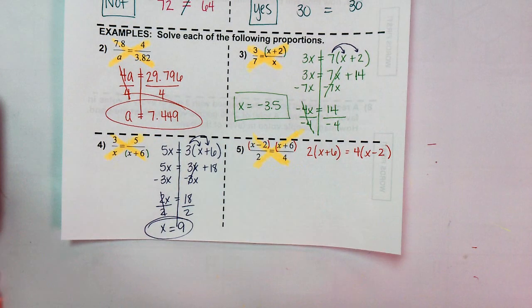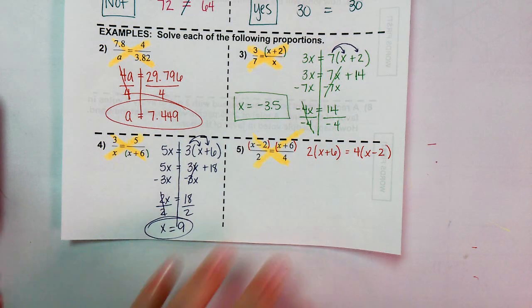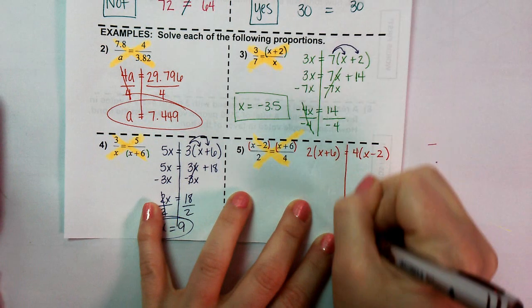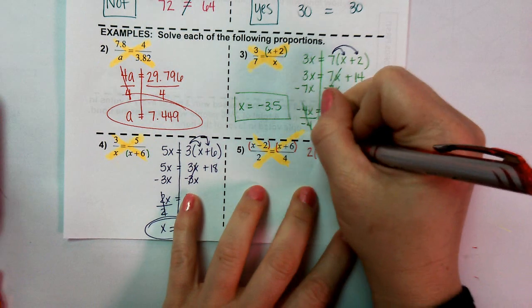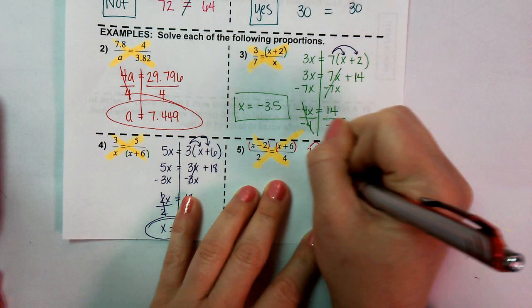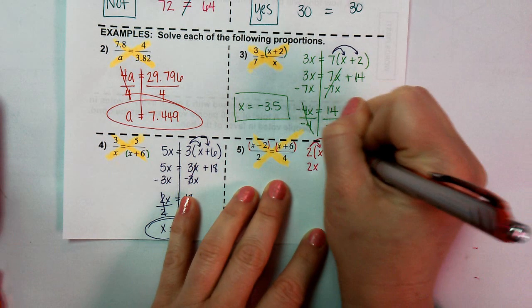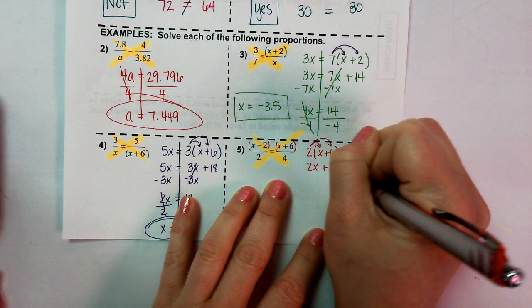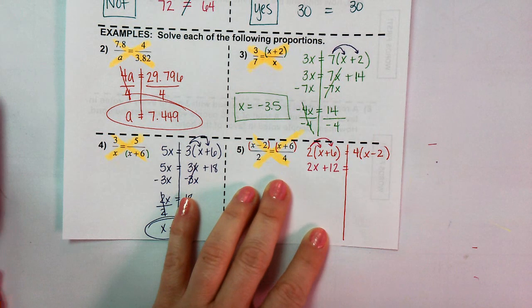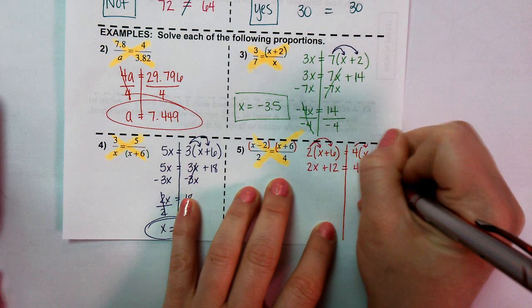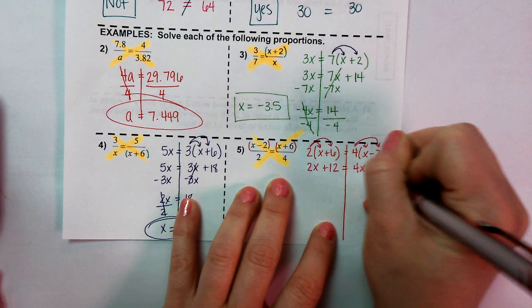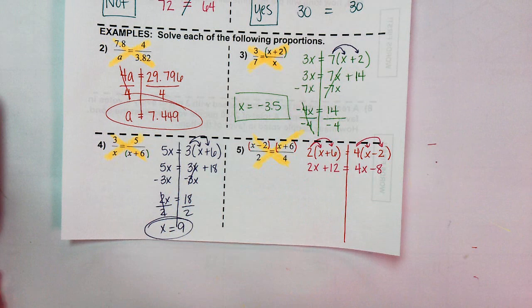That's what I have. And I have to distribute on both. So distribute 2 times x and get 2x, then 2 times 6 plus 12. Then I do 4 times x is 4x, and 4 times negative 2 is minus 8.